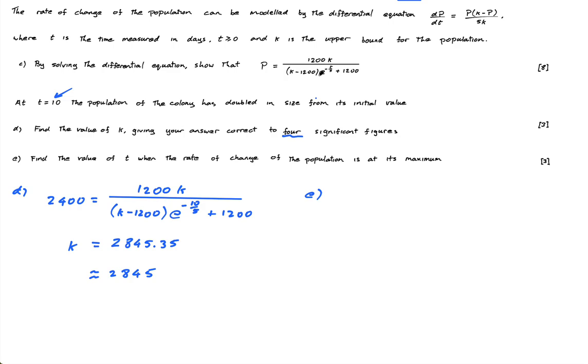That would work. Or the easier way, the way I'm going to do it here, is to just sketch dp/dt. So max of dp/dt is at t equals, so watch this.